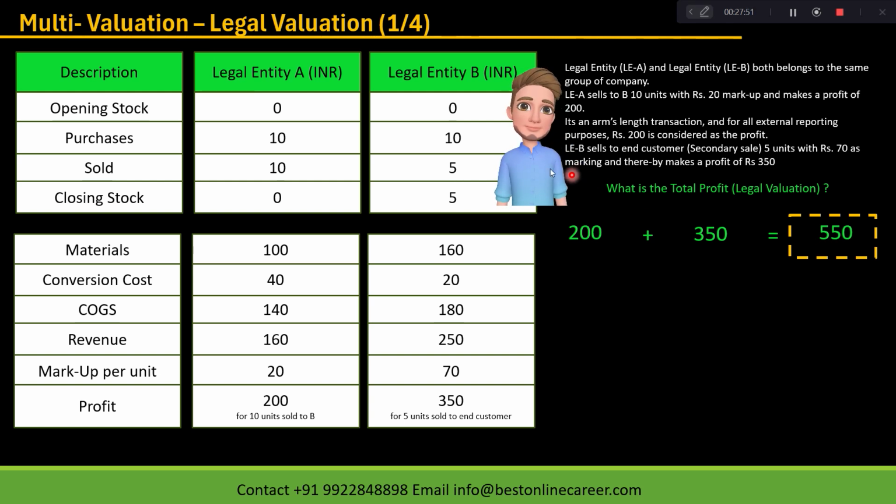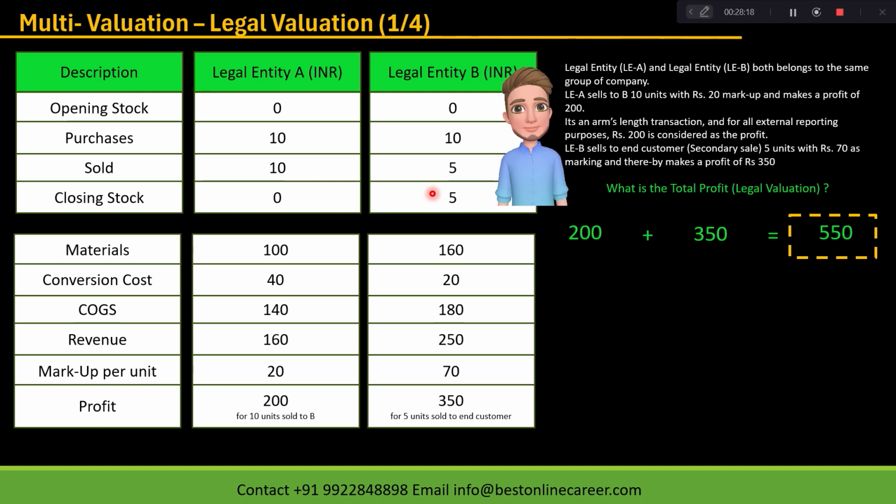But legal entity A has recognized a profit on 10 units, because for statutory purposes you have to report your actual sales. It's an arm's length transaction, and you have to show 200 in your books. But from a group perspective, the profit has to be recognized only on those units which are finally sold to customers, which means 20 into 5, which is 100.